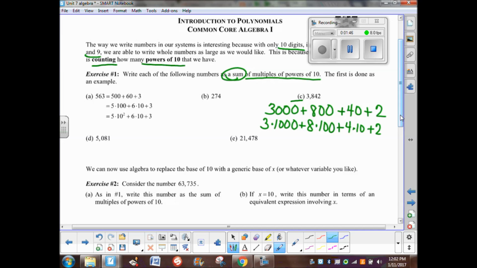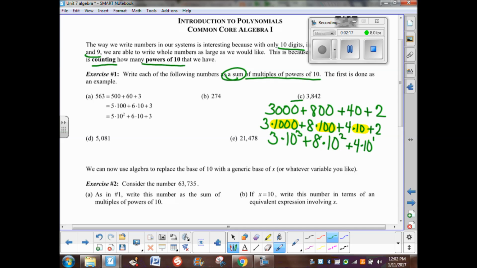So let's go one more step further and write these as powers of 10. So I would say, okay, I have 3, and 1,000 as a power of 10 is 10 to the third. You type in 10 to the third in your calculator, you would get 1,000, plus 8 times 100 is 10 squared, plus 4 times, that's 10 to the first, really, right?